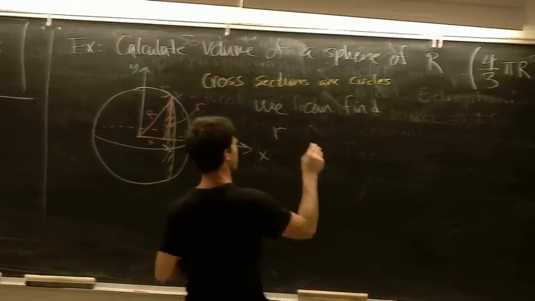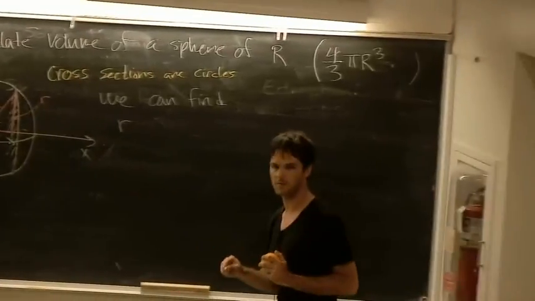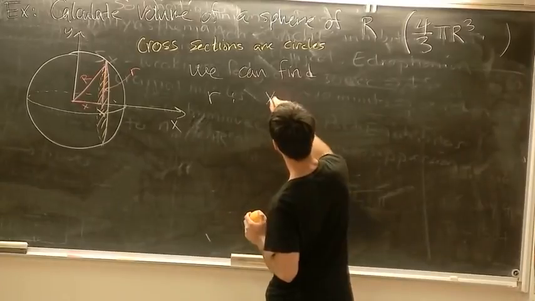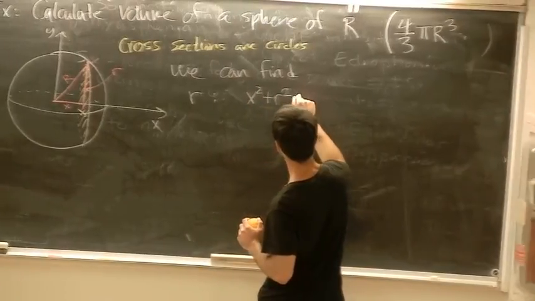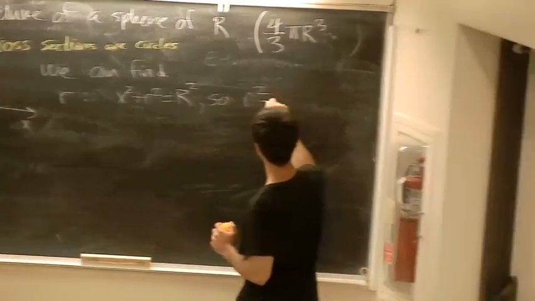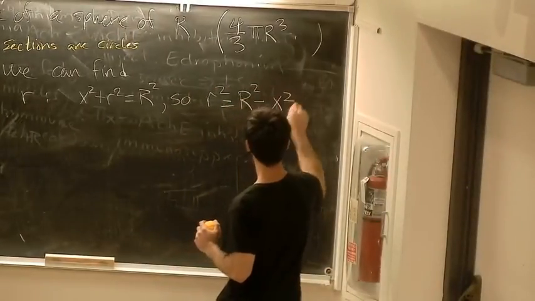And we can find little r, as usual in these types of problems, by using the Pythagorean theorem, because x squared plus little r squared is big R squared. So little r squared is big R squared minus x squared.